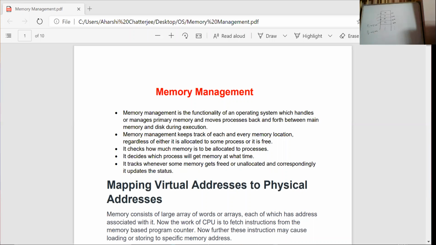For that, the operating system should have all the information about the current status of the memory, that is, whether a process which wants to come to memory can be placed.